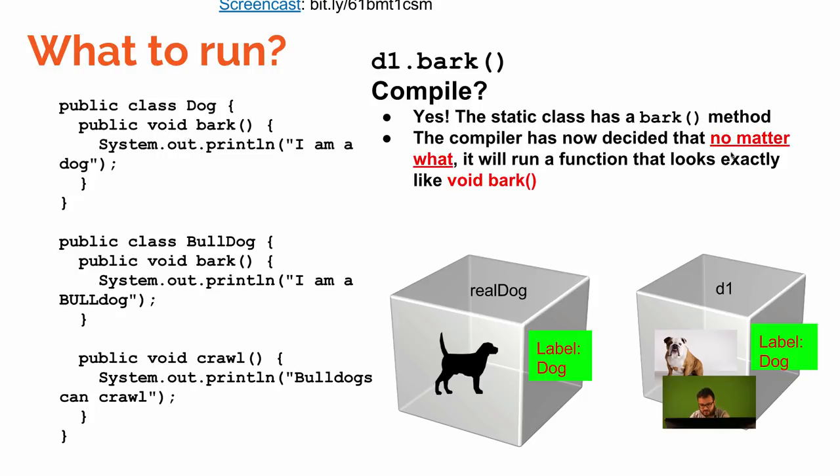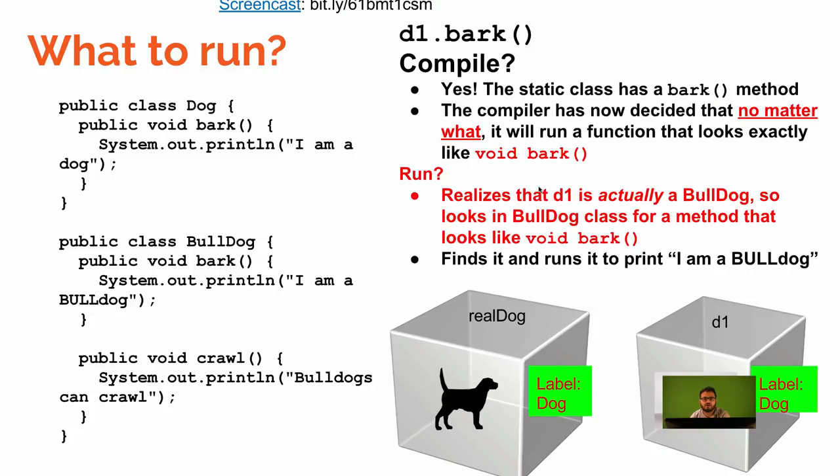Again, the compiler has decided that no matter what, it will run a function that looks exactly like void bark. It doesn't care what comes outside of this box. Maybe inside this box, there's a baby bulldog or whatever, doesn't matter. The compiler will run a method that looks exactly like void bark. So during runtime, the runtime realizes that d1 is actually a bulldog.